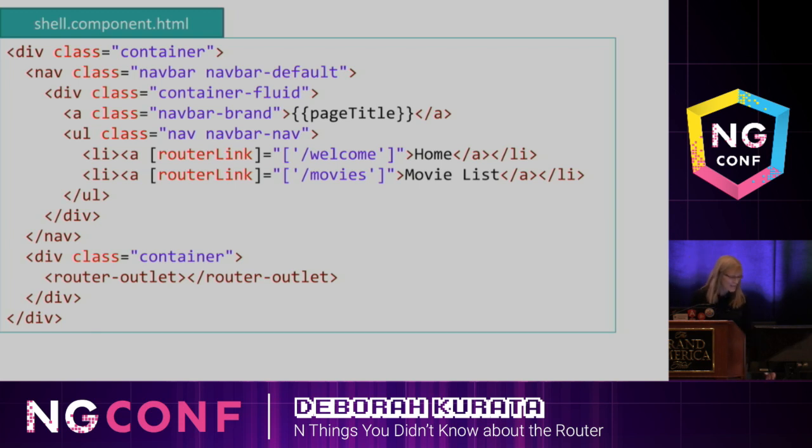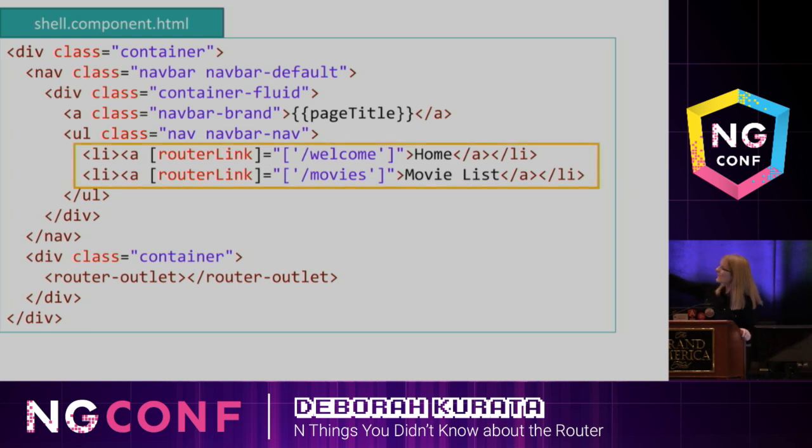So what we can do is create another component. I called mine shell component, and this is where we then have our router link. And now we have a second nested router outlet. So now we've defined a hierarchy of router outlets for our application.